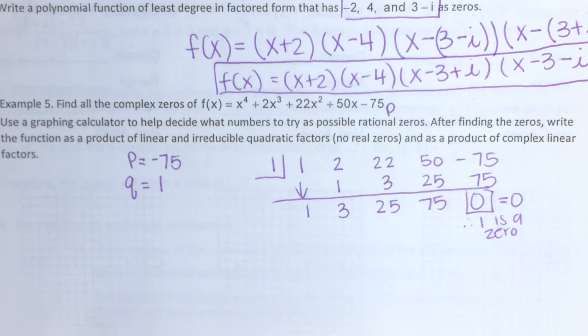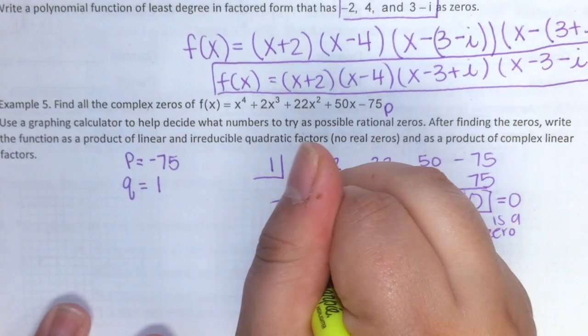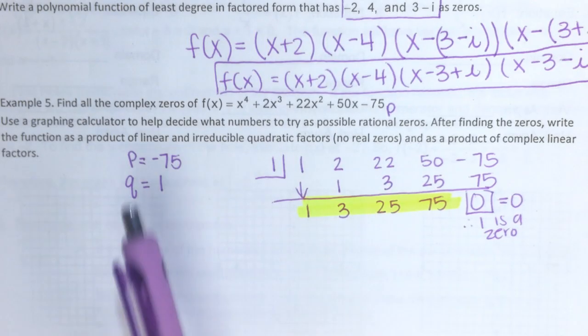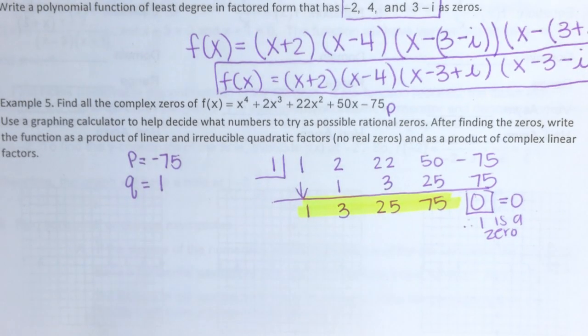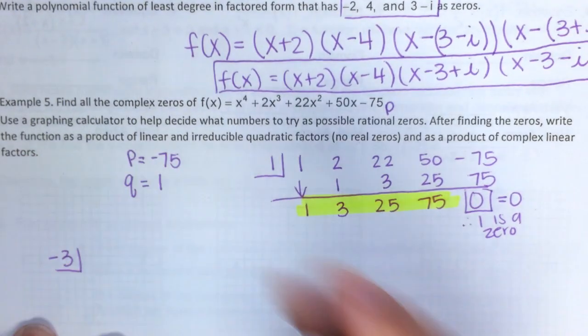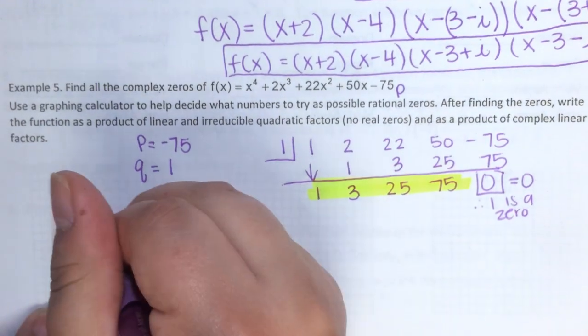Now we're going to use this depressed polynomial. What other numbers should we try? Two's not a factor. 3. Let's try negative 3. And again, use your depressed polynomial.